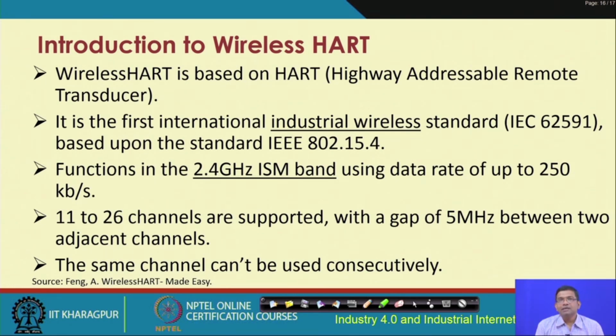It functions in the 2.4 gigahertz ISM band using data rates of up to about 250 kbps, and there are 11 to 26 channels supported with a spacing of about 5 megahertz between two adjacent channels. The wireless HART protocol also makes it mandatory that the same channel can't be used consecutively. So, this channel spacing is very important in the wireless HART protocol.